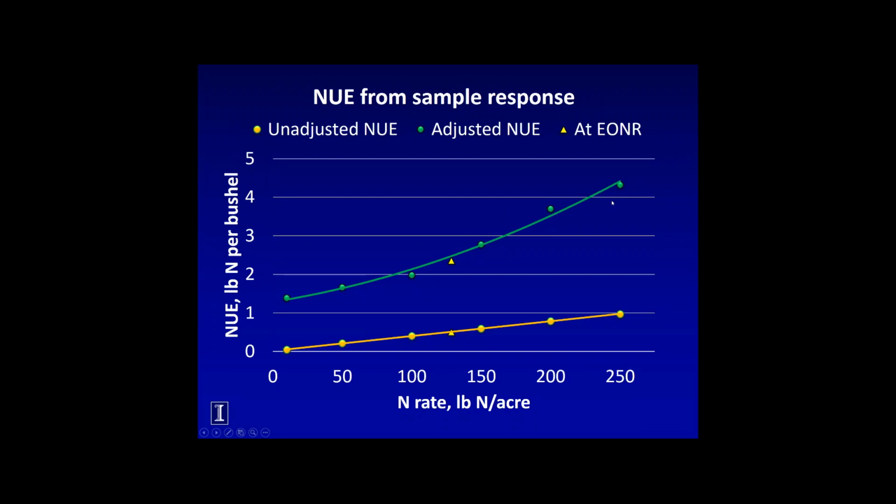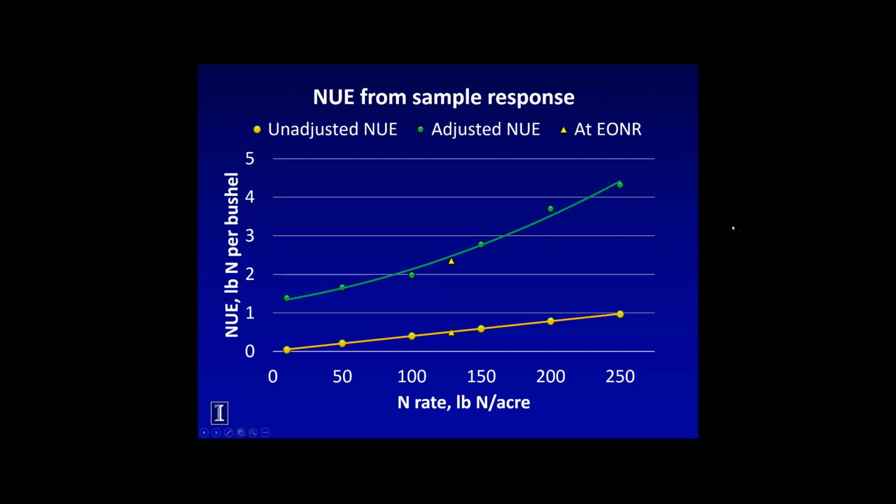Why the big difference? Because it yielded 200 bushel without nitrogen, and so the amount of yield we added with nitrogen here at the optimum nitrogen rate, or at its maximum, was only about 50 bushel.